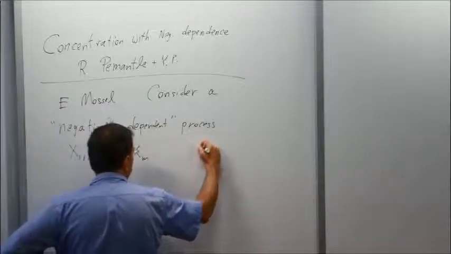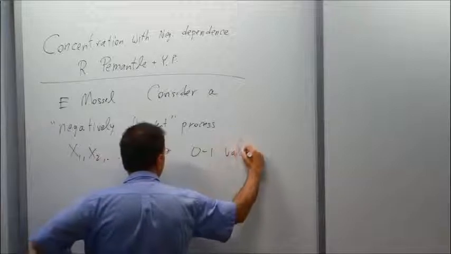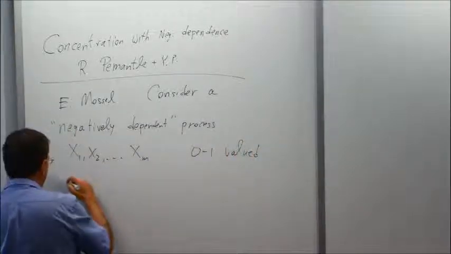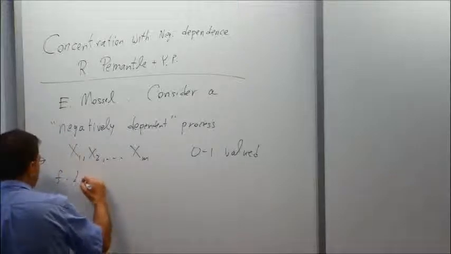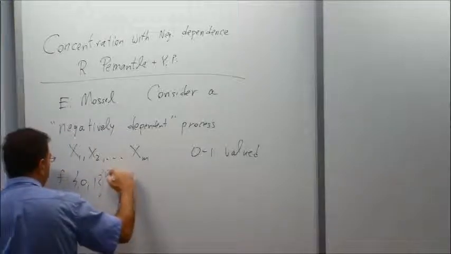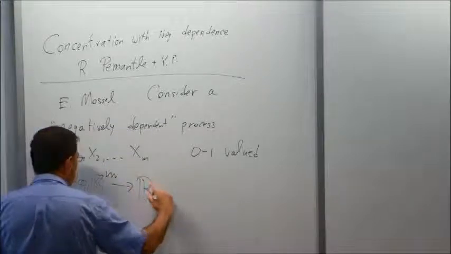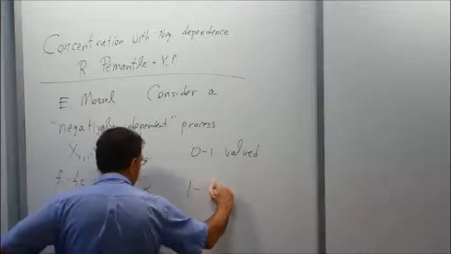So these are 0, 1 valued. F from 0, 1 to the m to r is a one Lipschitz function.